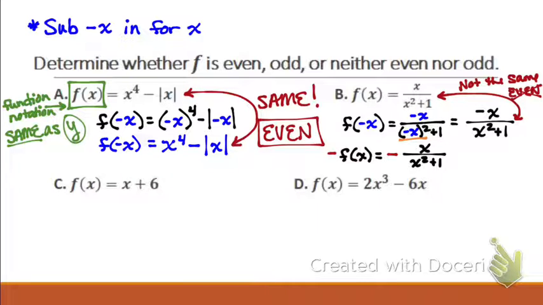So this is the same. My denominators are exactly the same. The numerators are both negative x's here. So what does that mean about this then? It is odd.